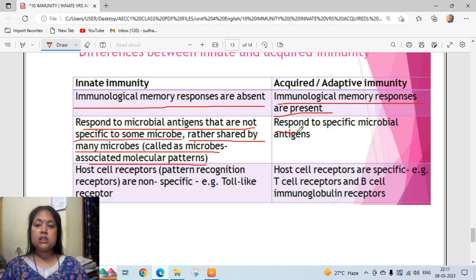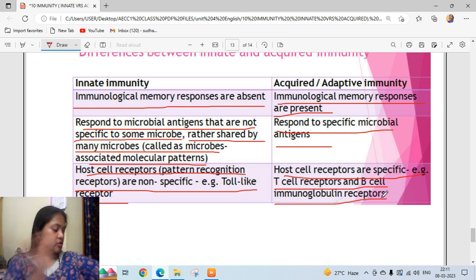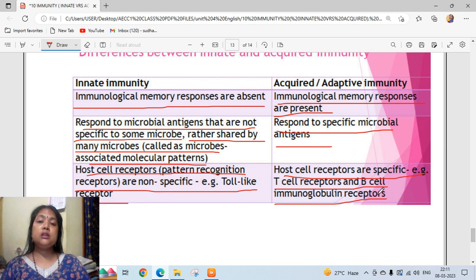Acquired immunity responds to specific microbial antigens. In innate immunity, host cell receptors, that is pattern recognition receptors, are non-specific, for example toll-like receptors, while in acquired immunity host cell receptors are specific, that is T cell receptors and B cell immunoglobulin receptors. So these are the differences.